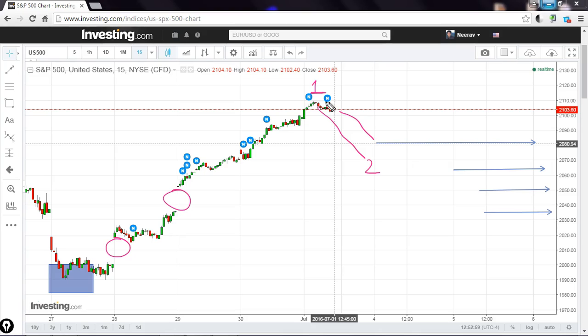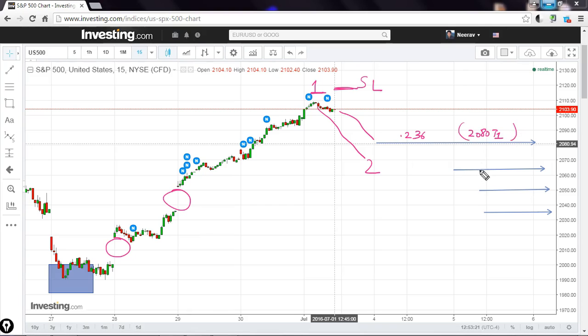So if someone wants to go short for the second wave, then they can place a stop loss a bit above this level, and then look to go short till at least the level of the 0.236 retracement level, which would be this level of 2080, target 1.